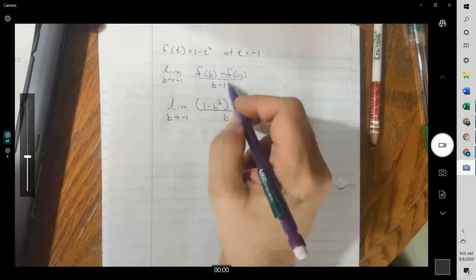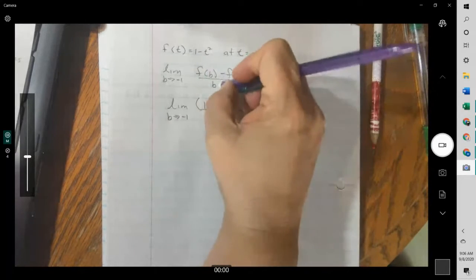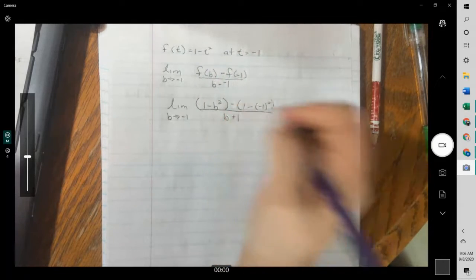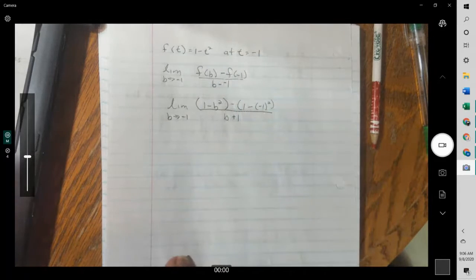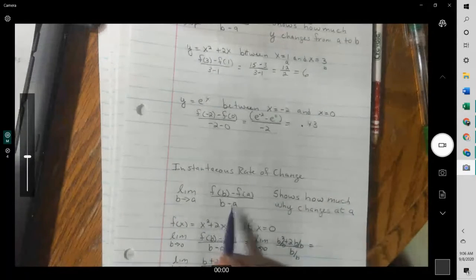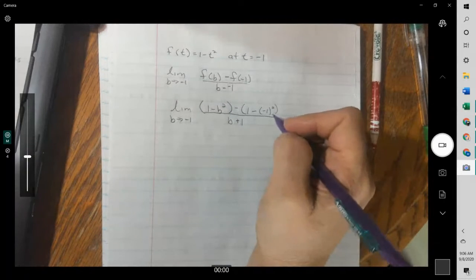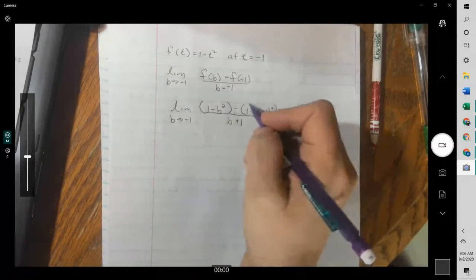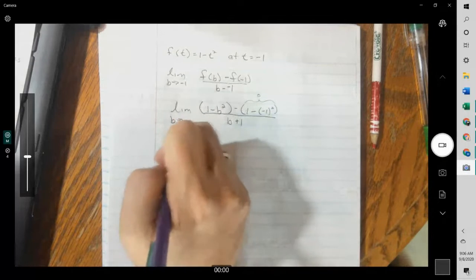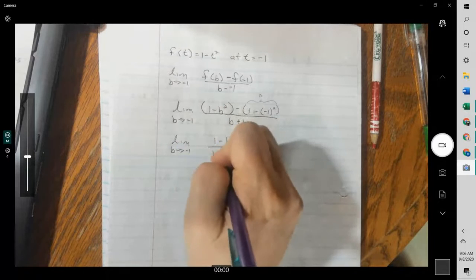Wait, we were putting in a -1. This should be a -1, which will make this positive, because it's b minus a. So when you put in that -1, it makes this positive. And then simplify. Well, if we combine this, this is just 0, so it drops out. So we have 1 minus b squared over b plus 1.